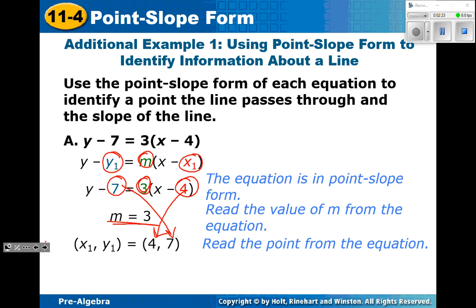One common mistake is mixing up the x and the y. You see how they're on opposite sides there, so make sure you get your x and your y in the right place. Also, take note that the minus is part of the form. So if it's y minus 7, it's going to be positive 7 here. If it's x minus 4, it's going to be positive 4 right there.